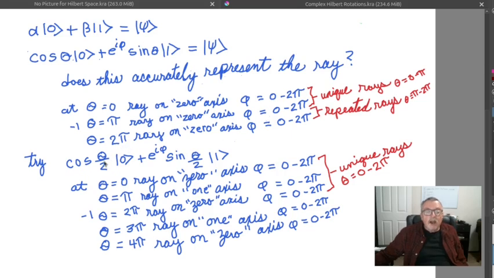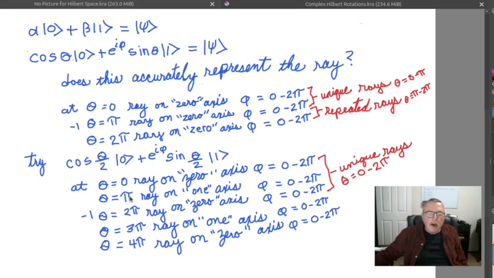We divide theta by 2. Now let's see what happens here. Between 0 and pi, which is really going to be 0 and pi over 2, unique rays. No problem there.